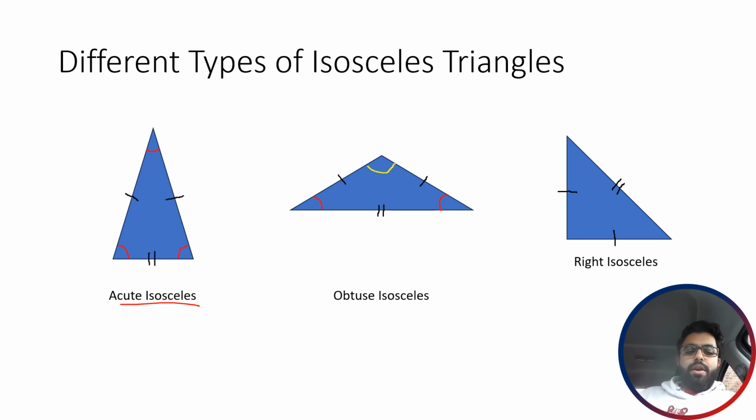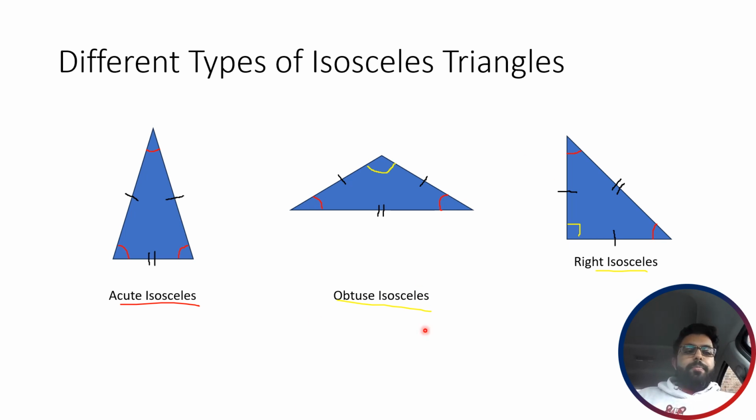So that makes this an obtuse isosceles triangle. And then this last one on the right, this up here is an acute angle, this down here is an acute angle, but this one in the middle is a right angle. So we draw in that little square. And so that makes it a right isosceles triangle.